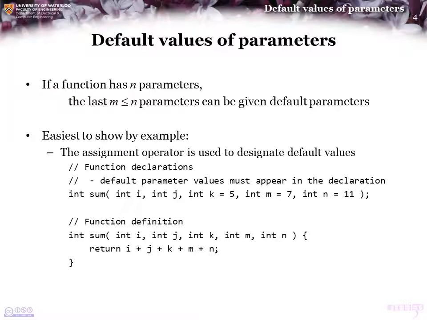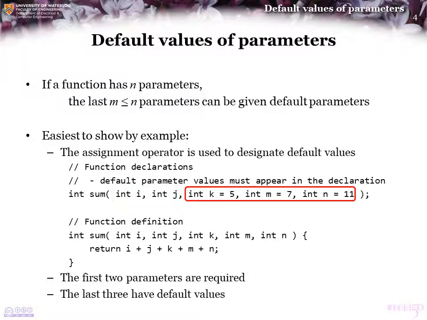Here we have a function sum. The first two parameters are as per normal. i and j are each declared to be of type int, and that's it. So these two parameters are required.